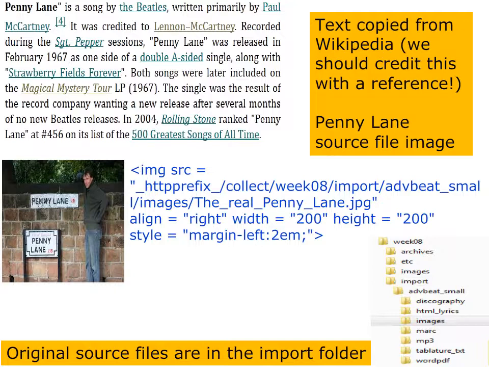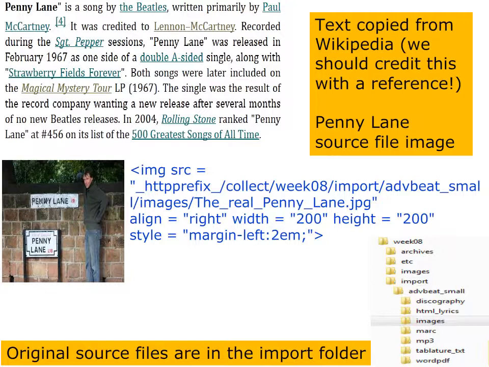Now how do I refer to it? We have to use a macro. The macro HTTP prefix refers to the Greenstone installation folder. So if I use that, and then put collect for the Greenstone collect folder, and then my collection name, in this case week 8, then we have import, add beat small, then the images folder, and then the file name. So that will give me that picture.